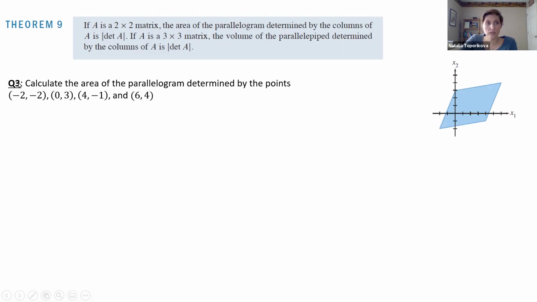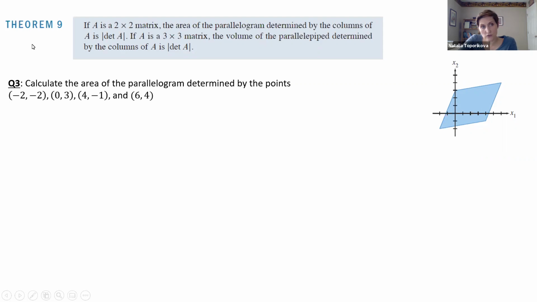For example, let's calculate the area of the parallelogram whose four vertices are given here, and there is an image of this parallelogram.